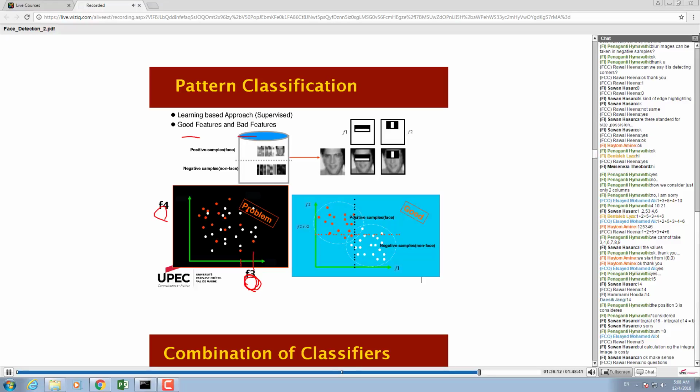For every face sample image, I apply the F3 highlight feature, then I can plot the value position of every sample like this. This one is in this position, the other one is in this position.